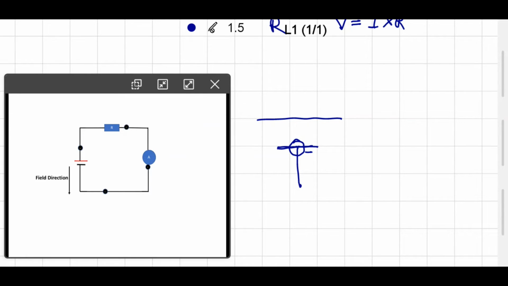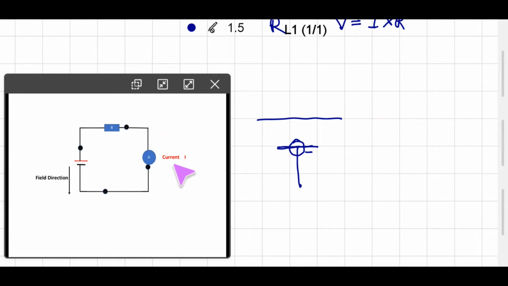That means here the field direction is from the negative terminal to the positive terminal. Electrons in the circuit are flowing through the wire from negative to positive terminal. But this ammeter is measuring current.